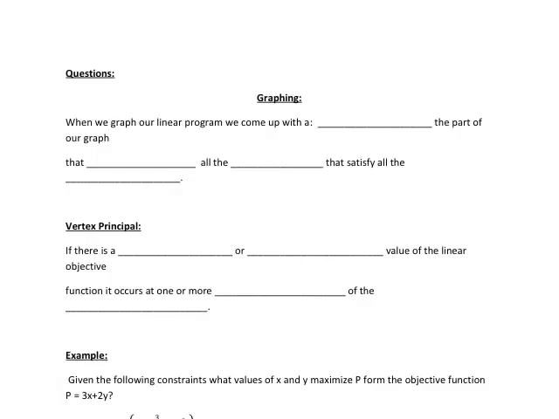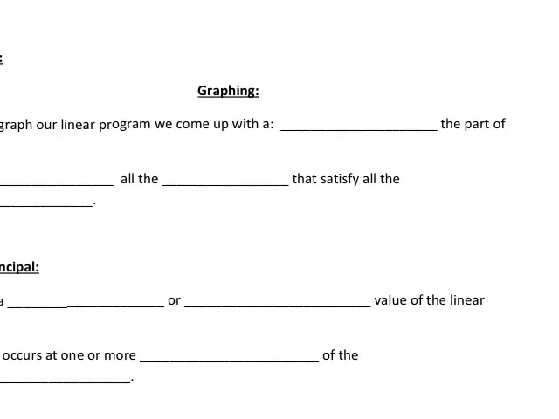Okay. So when we graph our linear program, we can come up with a range of solutions, because there's not just one option in business. You've got lots of different options usually.